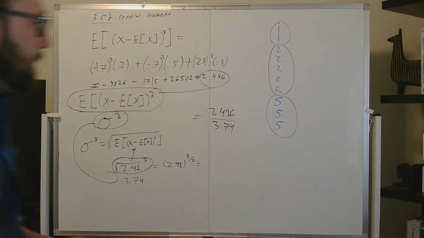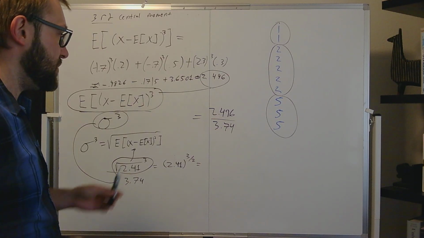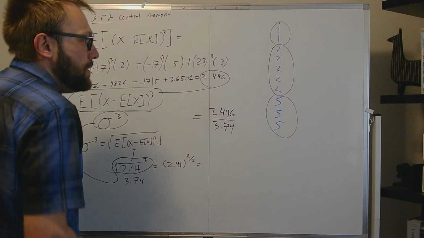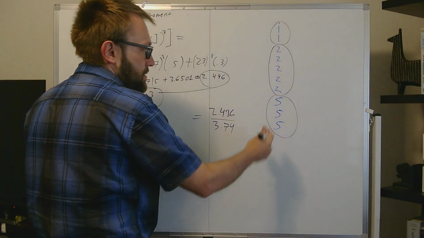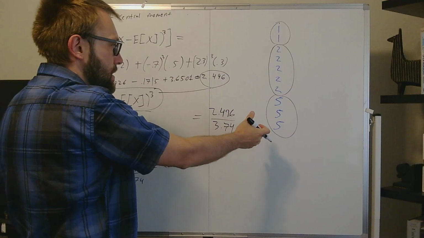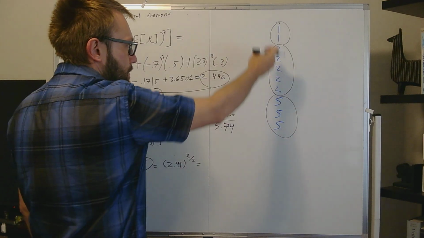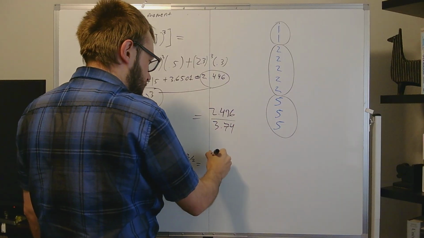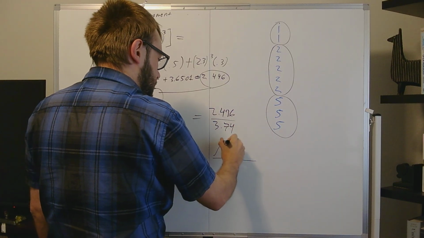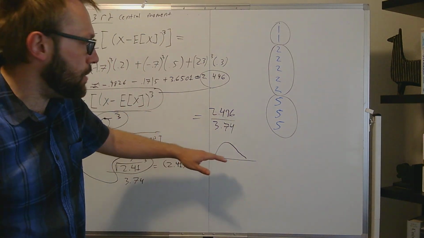So we can tell that this is positively skewed. It's rightward in its skew, so we have a right tail, and that should make sense. 5 is a significantly larger value, and there's a decent amount of 5s, but it's a significantly larger value than 1 or 2. So our distribution would look not too skewed, but it would have a little rightward skewing.